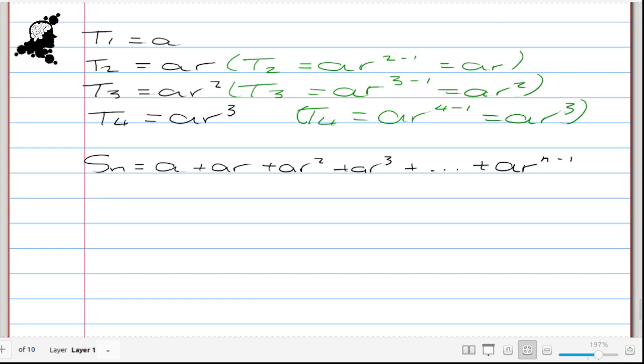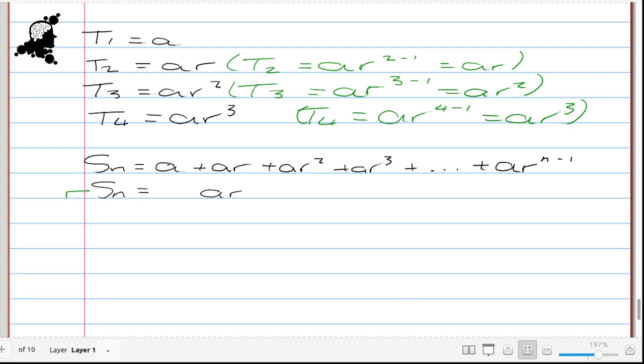Now, unlike with the arithmetic sequence, with the geometric sequence I'm going to multiply the same Sn by the value of r. So a times r gives me ar. Notice where I'm writing it.